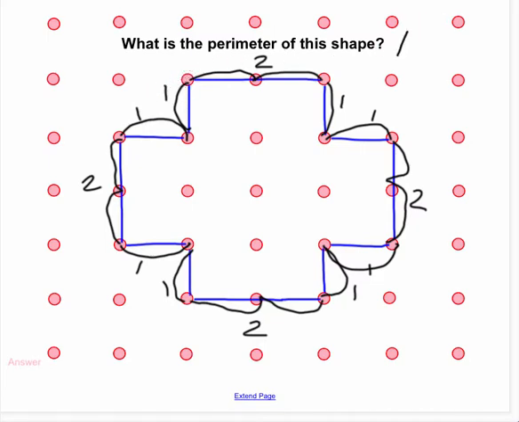So the perimeter of this shape would be 16 square, oh, not square, excuse me. This would be 16 centimeters. Later we'll talk about square units. That's used for describing area. Because we're doing perimeter and not area, I'm going to cross that off. So the unit here would be 16 centimeters.